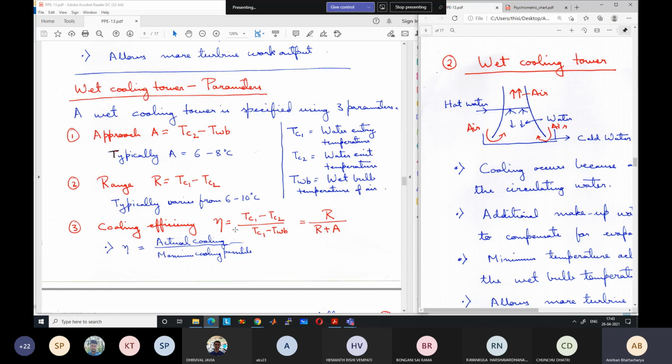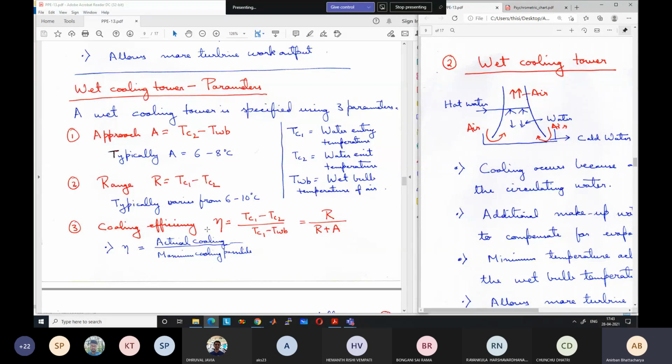Okay, let us continue. The theoretical cooling that can be obtained is the entry temperature of the hot water minus the minimum limit, which is the wet bulb temperature. So in our example, this is 30 minus 14, so 16 degrees.